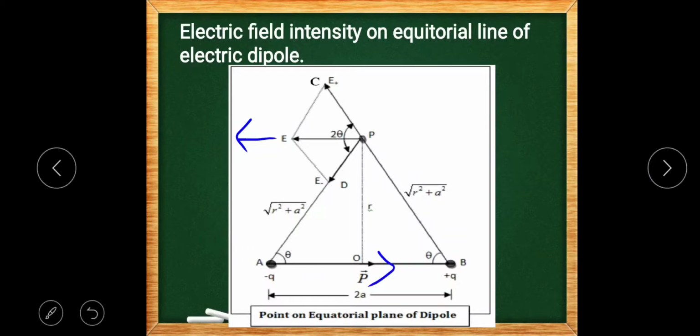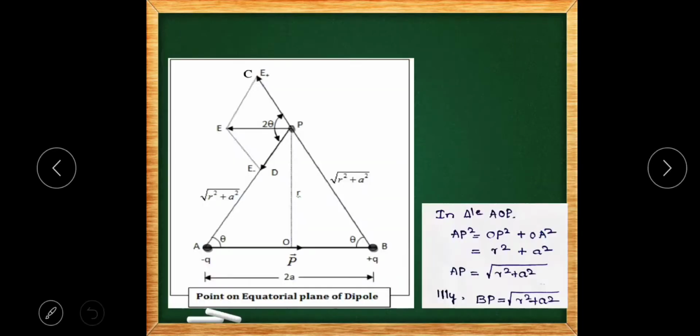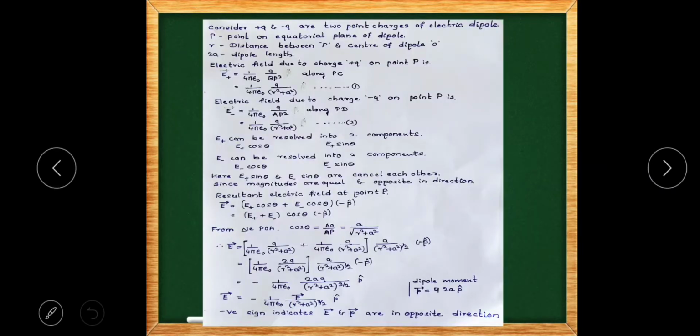Both are opposite, so the negative p cap is written.